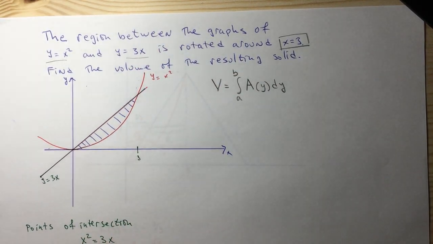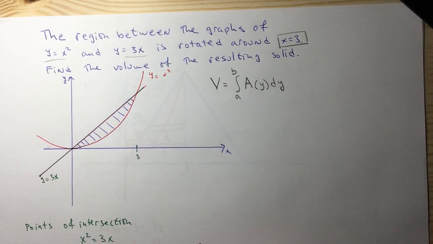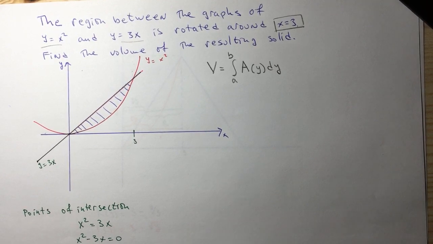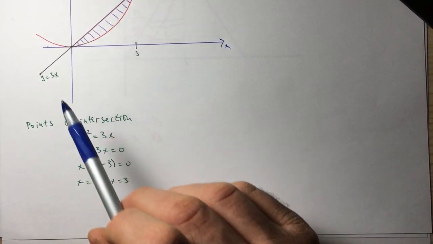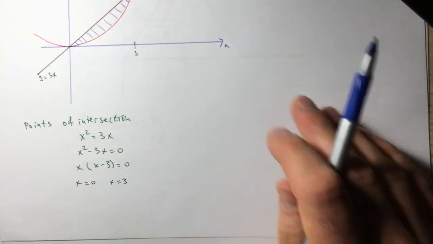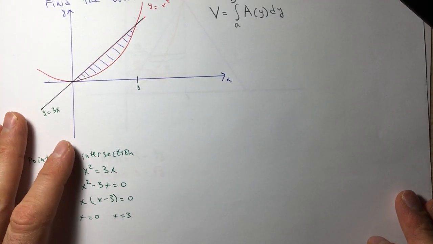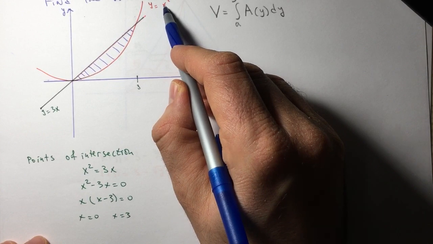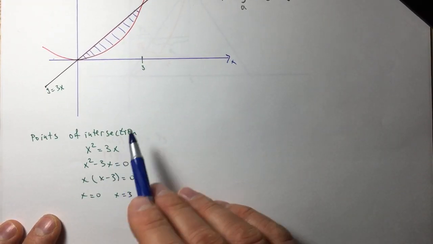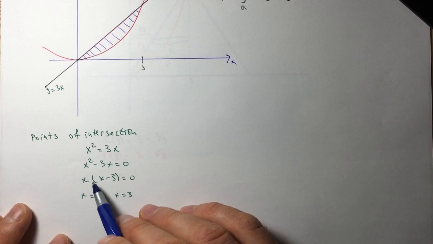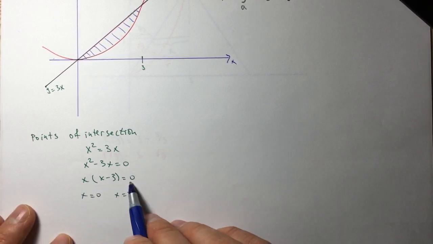The first thing that we want to do is find the points of intersection. How to find the points of intersection? That's quite easy. We just put these two functions equal to each other. x squared is equal to 3x. Bring 3x to the other side of the equation and factor: x times (x minus 3) is equal to 0.